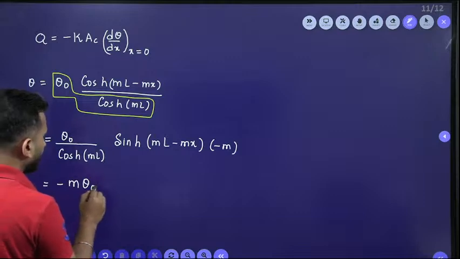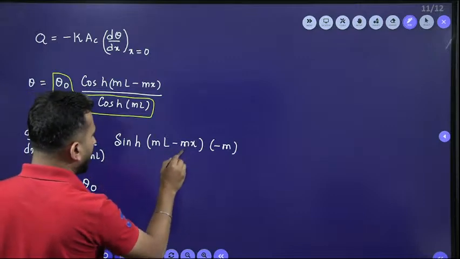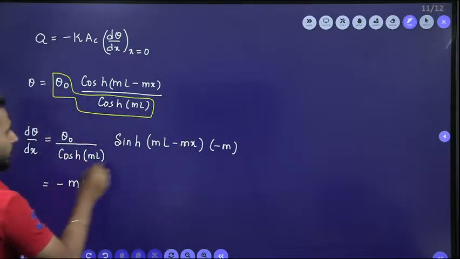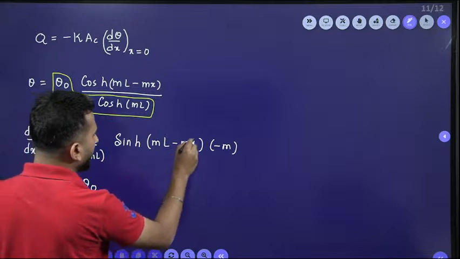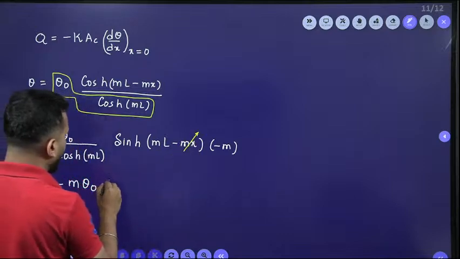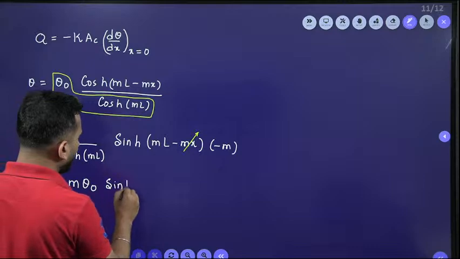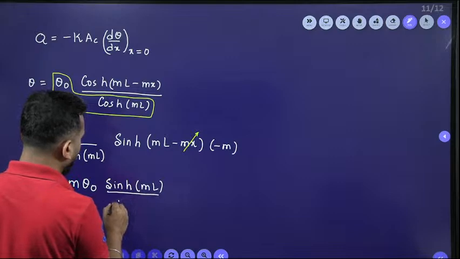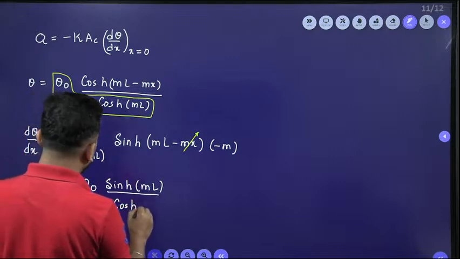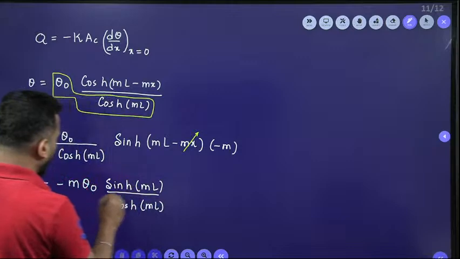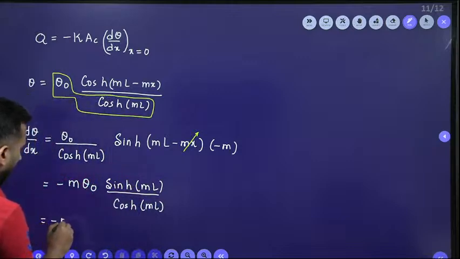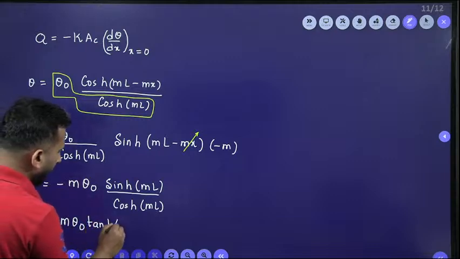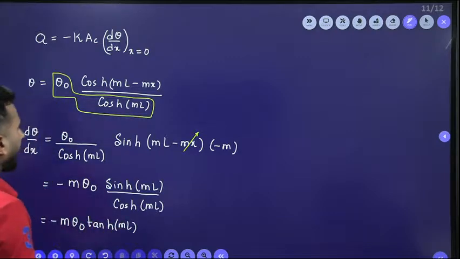Now, when you substitute x equal to 0 over here, this will be gone. So you will be left with sin h ml by cos h ml. Now this I can write as minus m theta naught tan h ml.